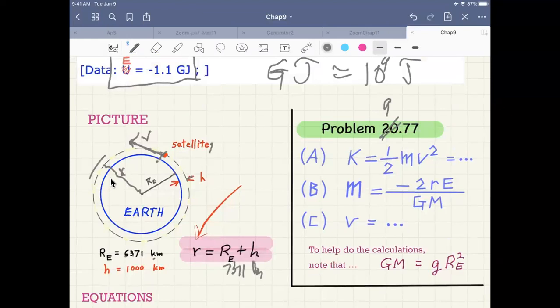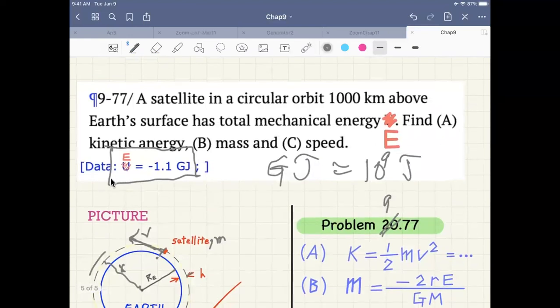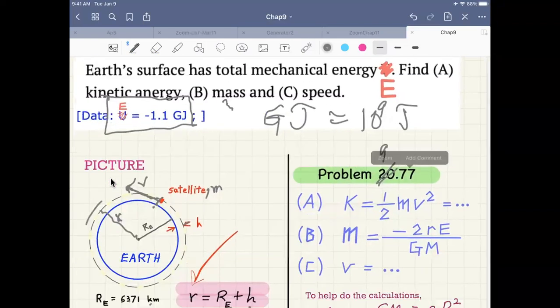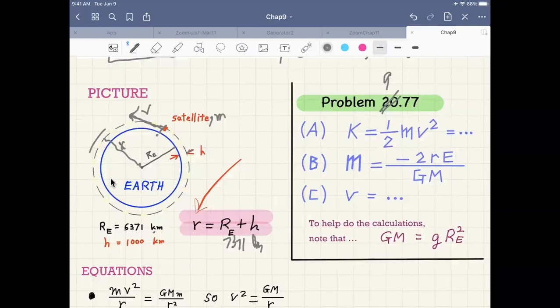The satellite has a mass m, which is given. No, m is something you're supposed to calculate. So m is not given. So the kinetic energy is 1/2 mv squared. What's the mass here? Well, I don't know. I'm not given the mass.